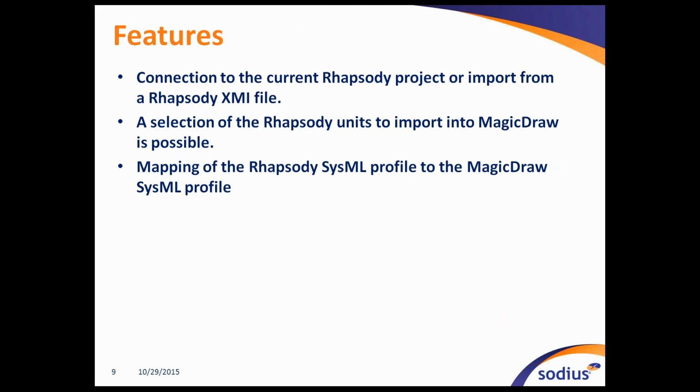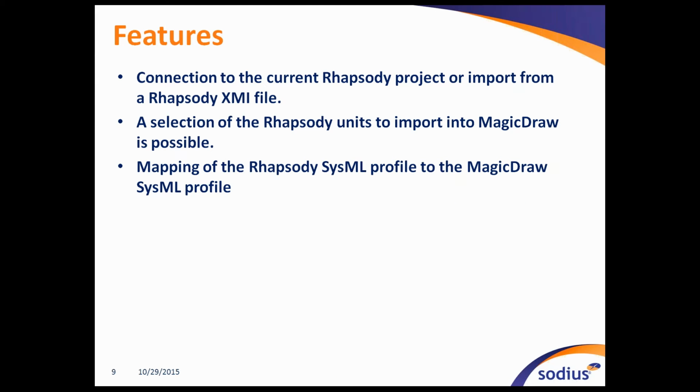The most important feature of this bridge is that we can connect to the current Rhapsody project, or we can import from a Rhapsody XMI file. The interest is that when you have already exported your Rhapsody, you don't need to have your Rhapsody project open in Rhapsody, except if you want to have the graphical information.